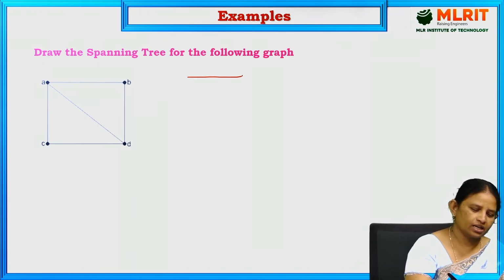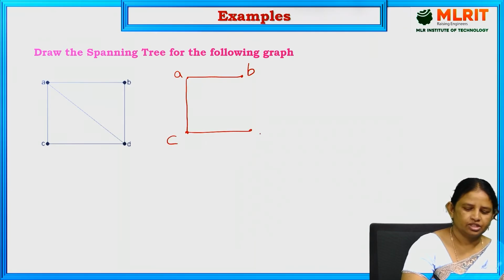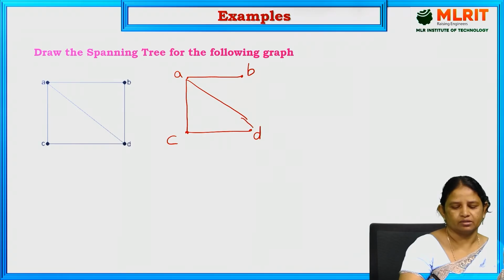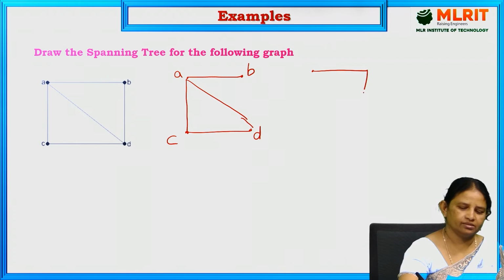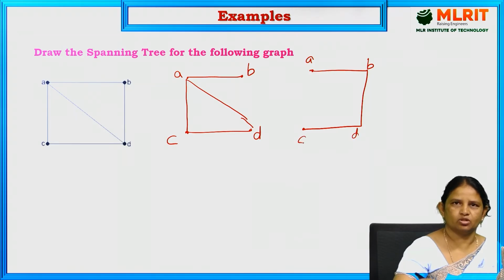One spanning tree is A to B, then A to C, C to D, and A to D. That is one spanning tree. Next, A to B, A, B, D, C. This is also one spanning tree.